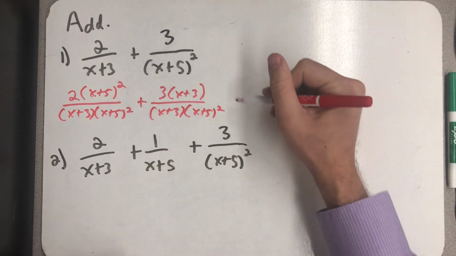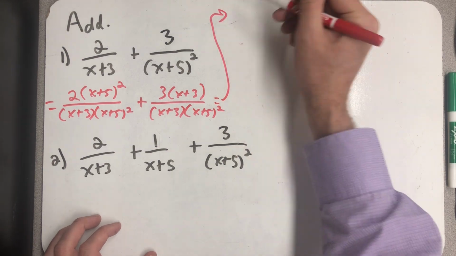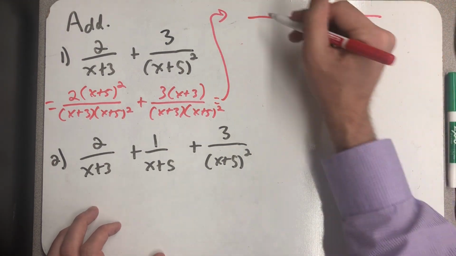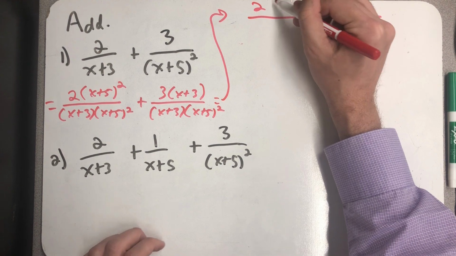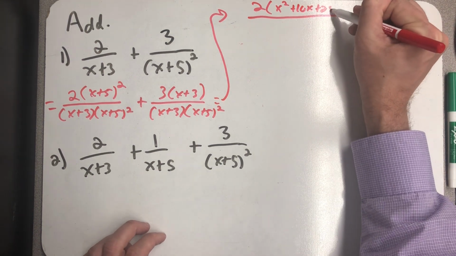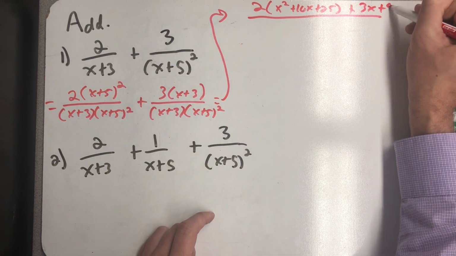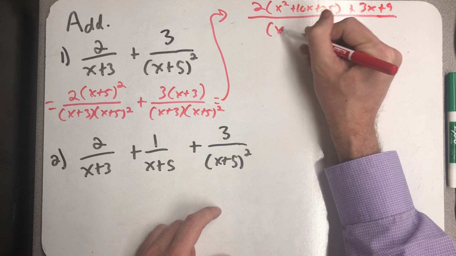And so I have a common denominator, so I can go on and add those fractions together. And so on top, I would have 2 times, and I'm going to go on and multiply that out. So that'd be x squared plus 10x plus 25 plus 3x plus 9, all over that common denominator.